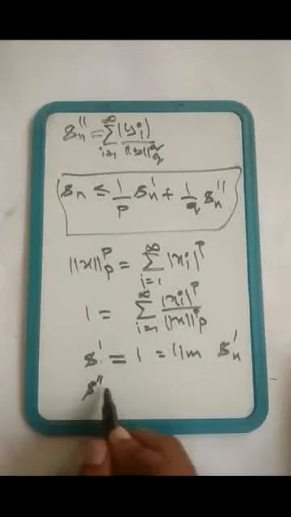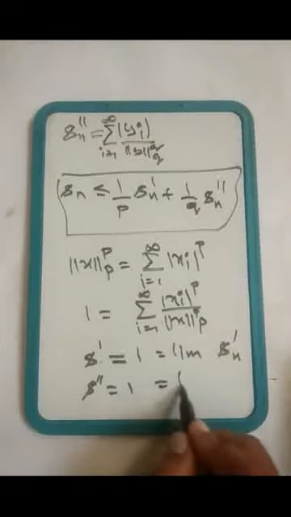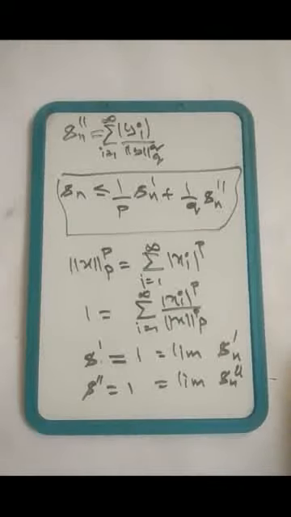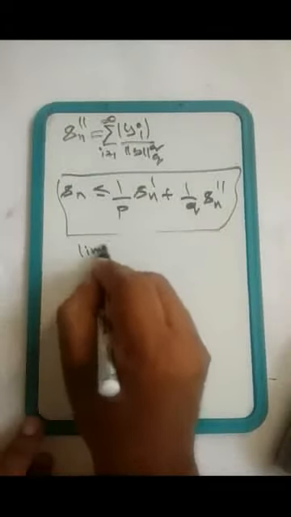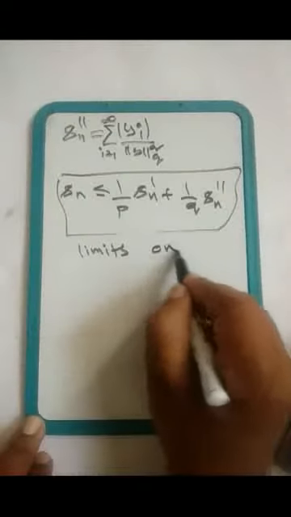Similarly, S double dash is also 1. You will have q here and yi in the double dash. So as n tends to infinity, you are taking limits on both sides.